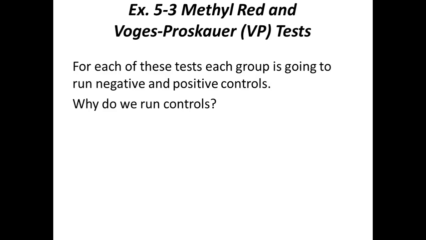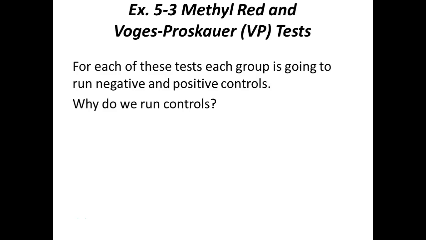So for each of these tests, each group is going to run negative and positive controls. And I've kind of eliminated the confusion of that. I became control girl today, right? I ran those controls, and you guys saw that. But why did we do that? Why did I run those controls? Make sure everything was accurate. Yeah, make sure everything is accurate, that the reagents are working appropriately. So I used known positive and negative organisms, right?